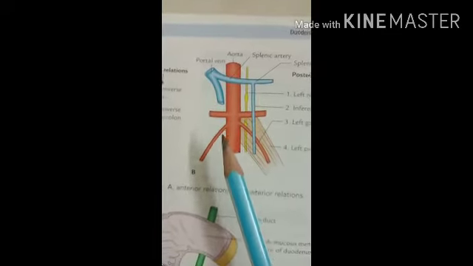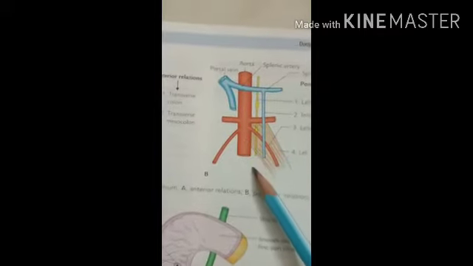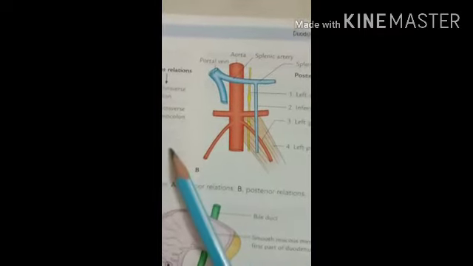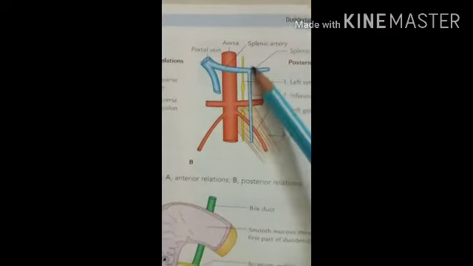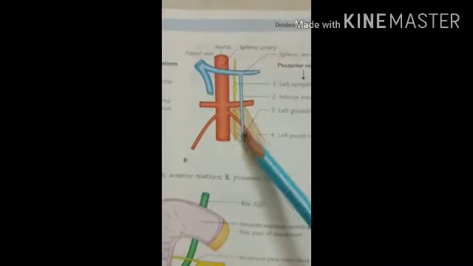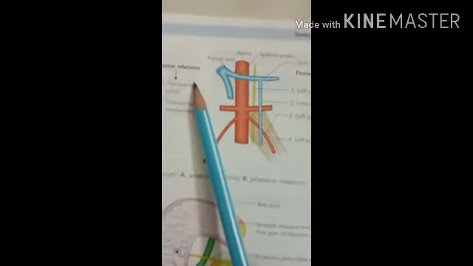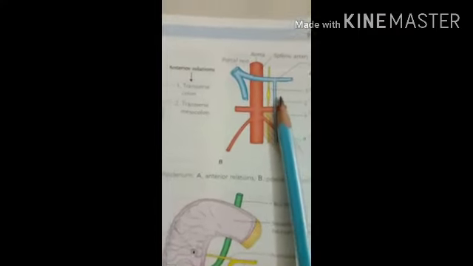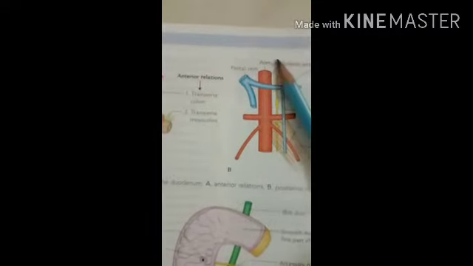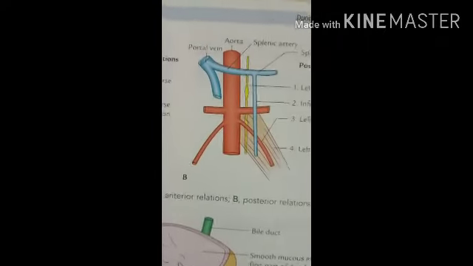Then the left testicular vessel, here. Then the inferior mesenteric vein, this is it. These are the posterior relations. Then to the left side, the left kidney and the left ureter, and superiorly the body of the pancreas. So these are the relations of the fourth part of the duodenum.